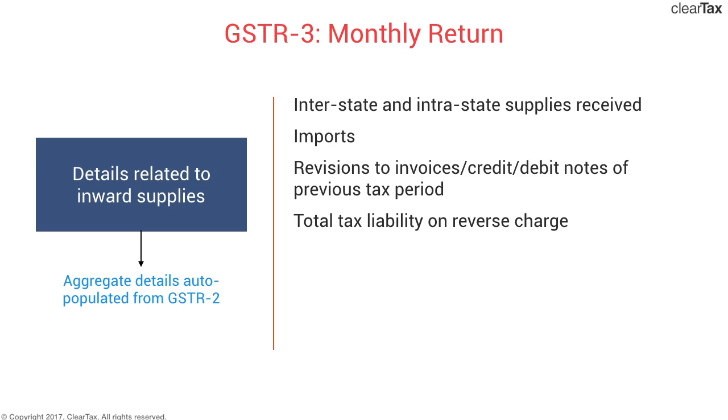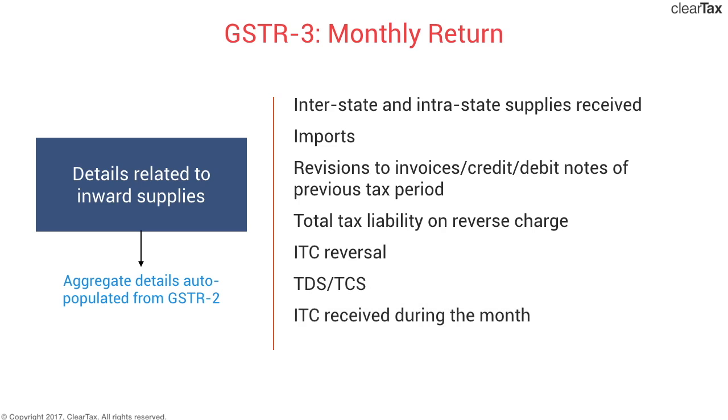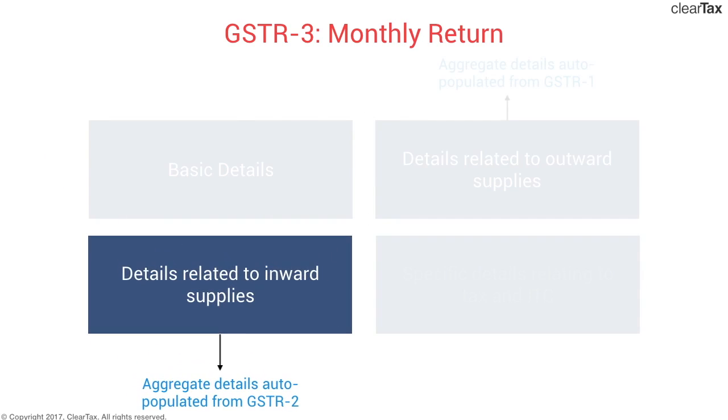Because it's inward supply and you've claimed input tax credit, details related to that would also be captured: ITC reversal, TDS or TCS or ITC received during the month. That's all. It's automatically captured at an aggregate level from GSTR-2. The only transaction level information is revisions from invoices, credit notes or debit notes of earlier periods.